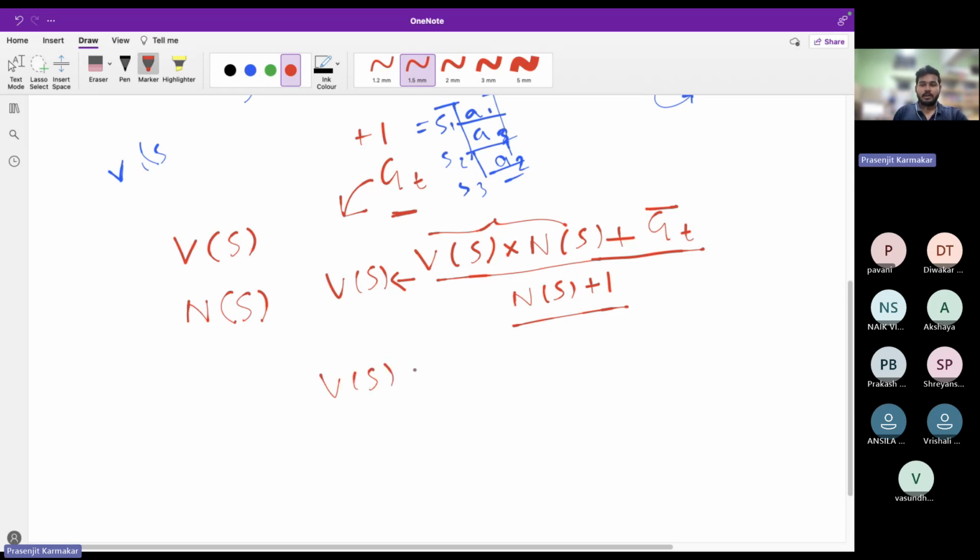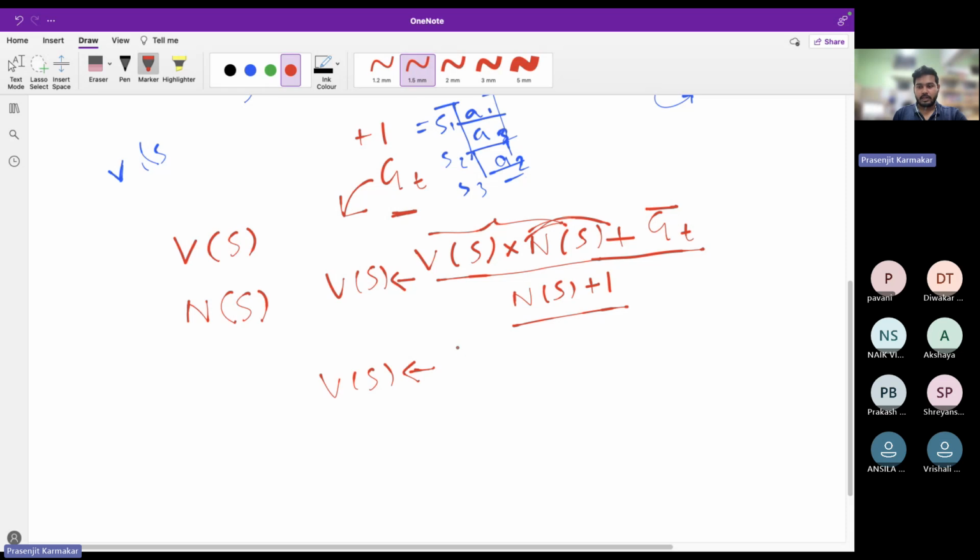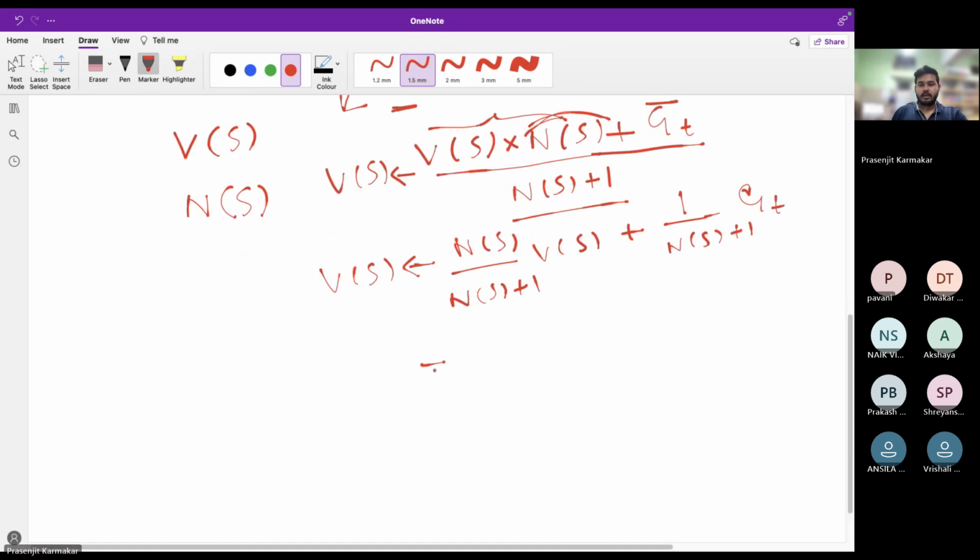So V(s) is equal to, and this equation is widely used, N(s) divided by N(s) plus 1 times V(s) plus 1 over N(s) plus 1 times G_t.